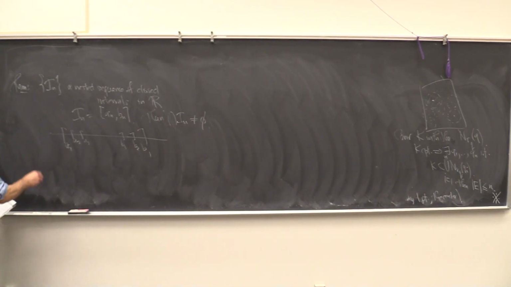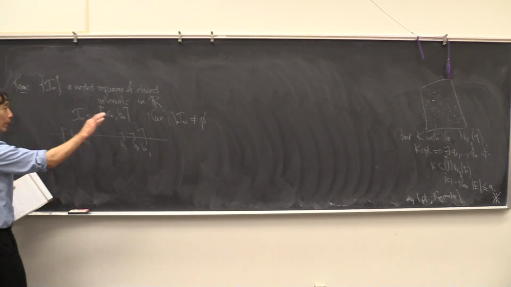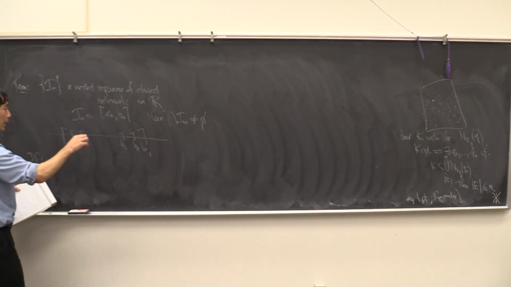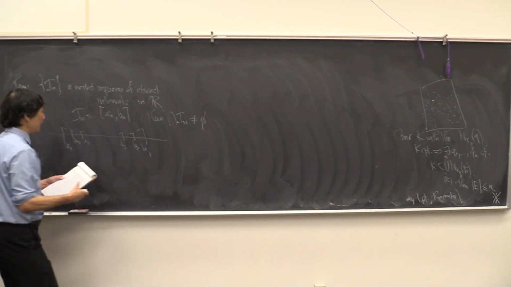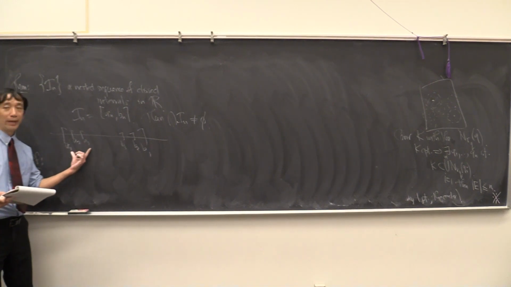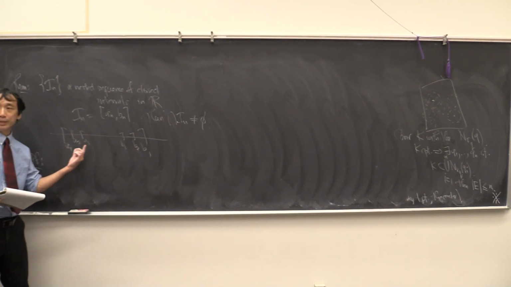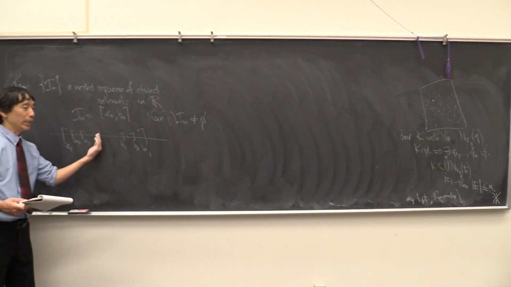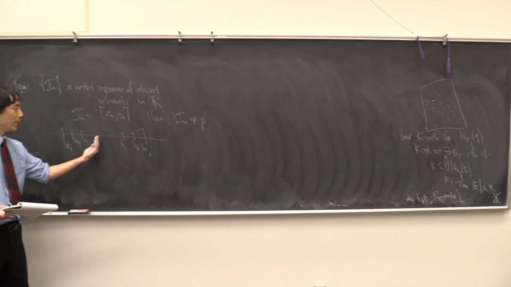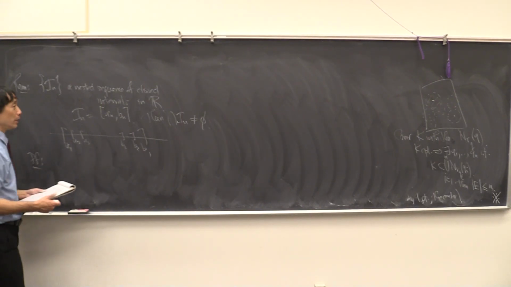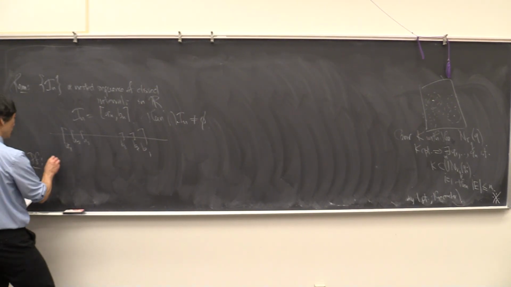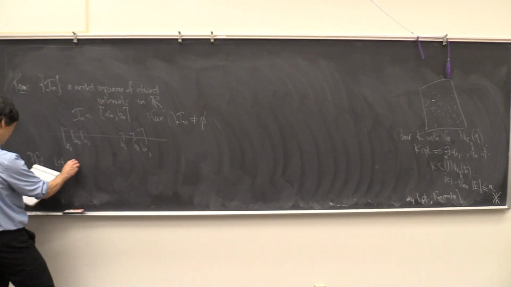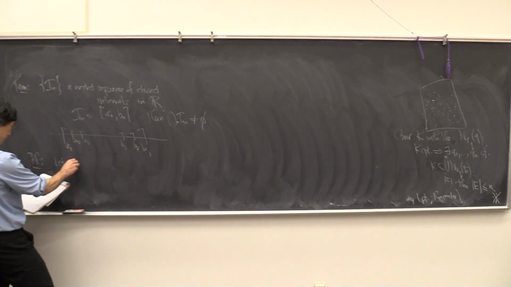Okay, so let me sketch out the proof here. We want to show that the intersection is non-empty. The strategy is that we're going to take the supremum of the left endpoints, and we'll show that the supremum of the left endpoints is in the set.